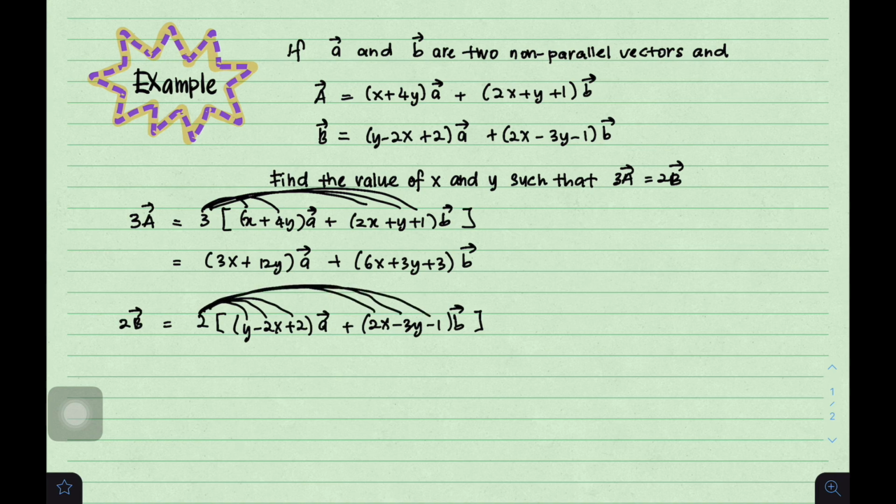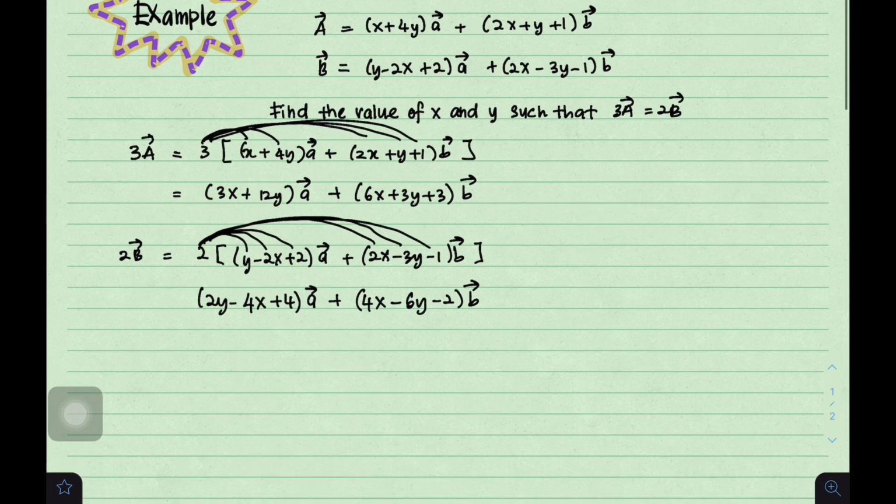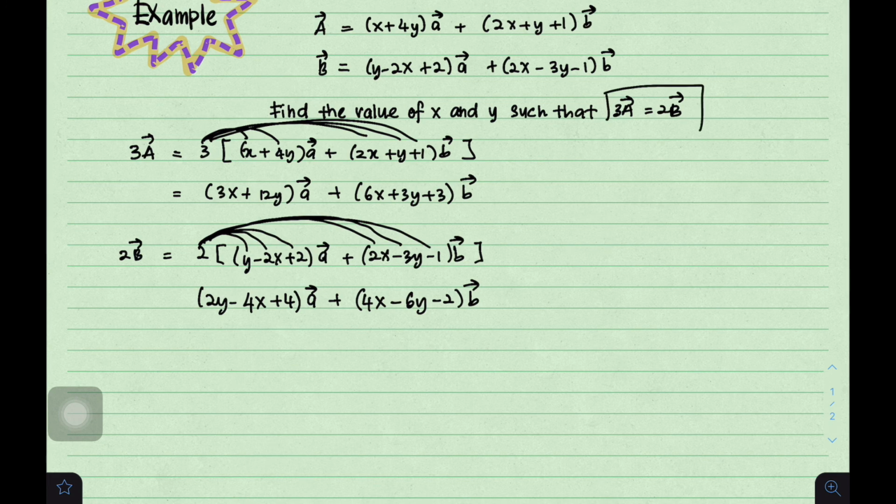So apa awak akan dapat adalah (2y tolak 4x tambah 4) vektor A tambah dengan (4x tolak 6y tolak 2) vektor B. So ini adalah 2B.